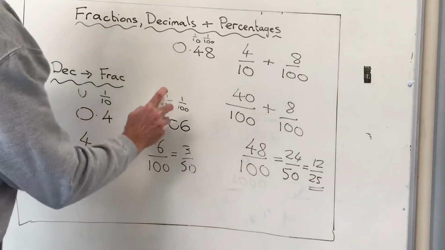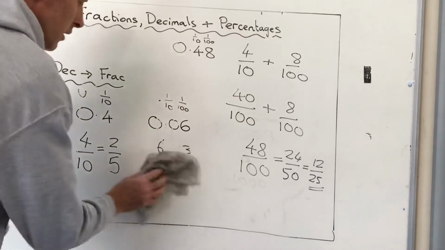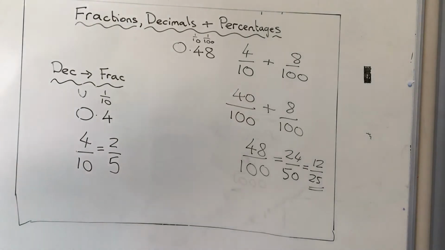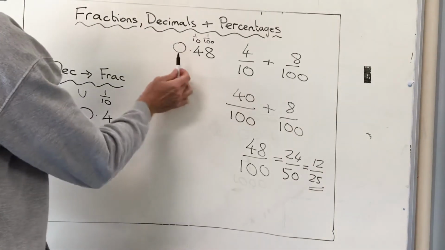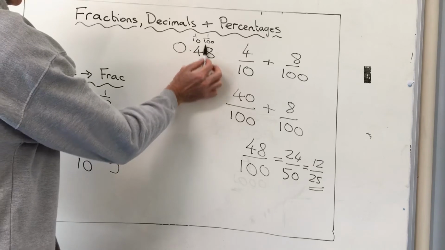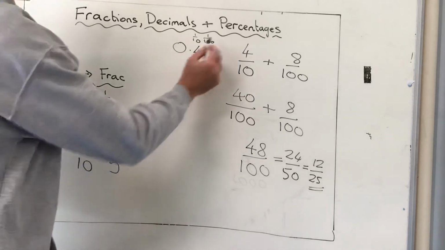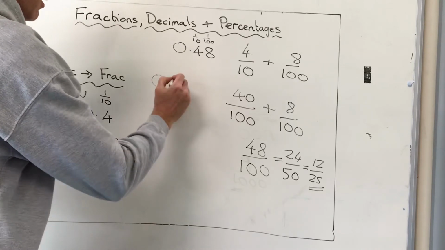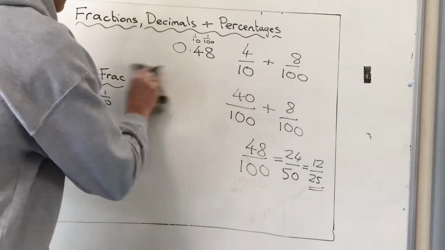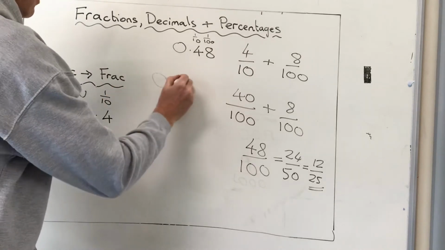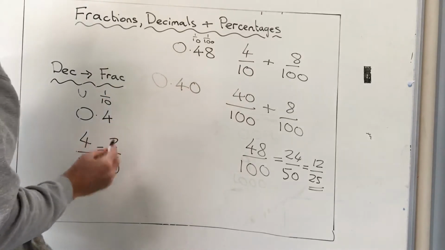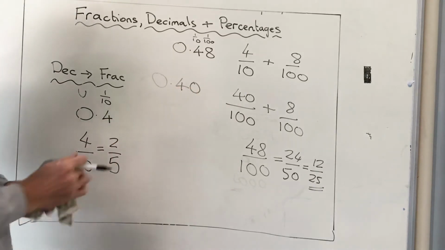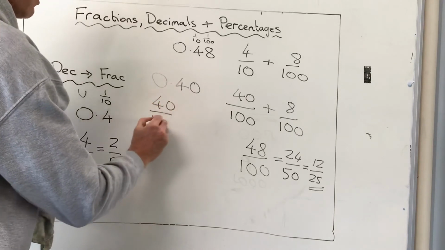the 8/100ths from. What we can do, what we can say, if we look at 0.48, you look at the last digit, it is in the hundredths column. So if we were to write 0.40, rather than saying 4/10, we can say that is 40/100ths straight away.